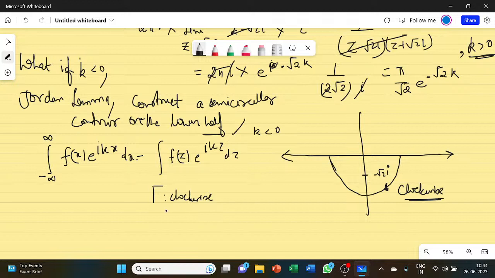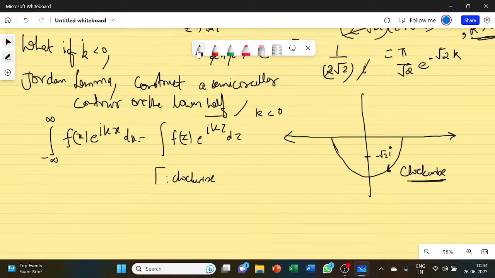And you know that whenever the orientation is clockwise, then you have to take a negative also. So negative 2 pi iota into the sum of residues, which is the limit as z tends to minus root 2 iota of e^(iota kz). Don't forget that your k is negative, so you have to keep that in mind.